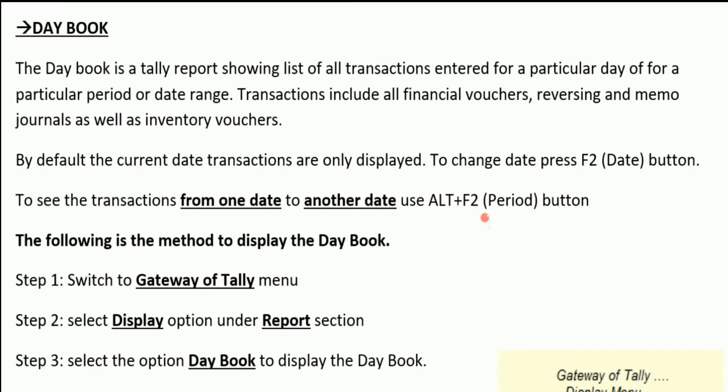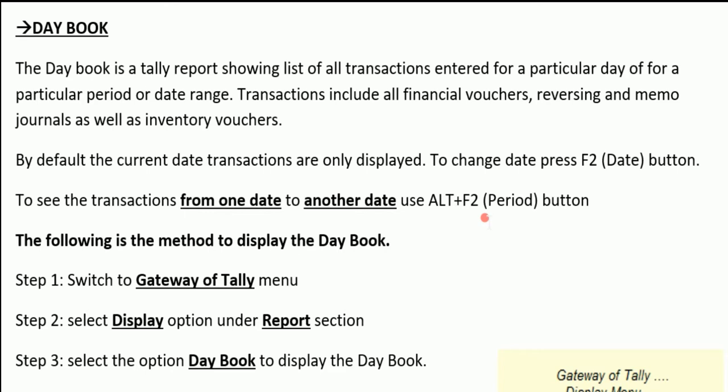Then the day book. The day book is a Tally report showing the list of all transactions entered for a particular day. That means you can display one day's transactions, maybe 1 month's transactions or 1 year's transactions by using the day book.